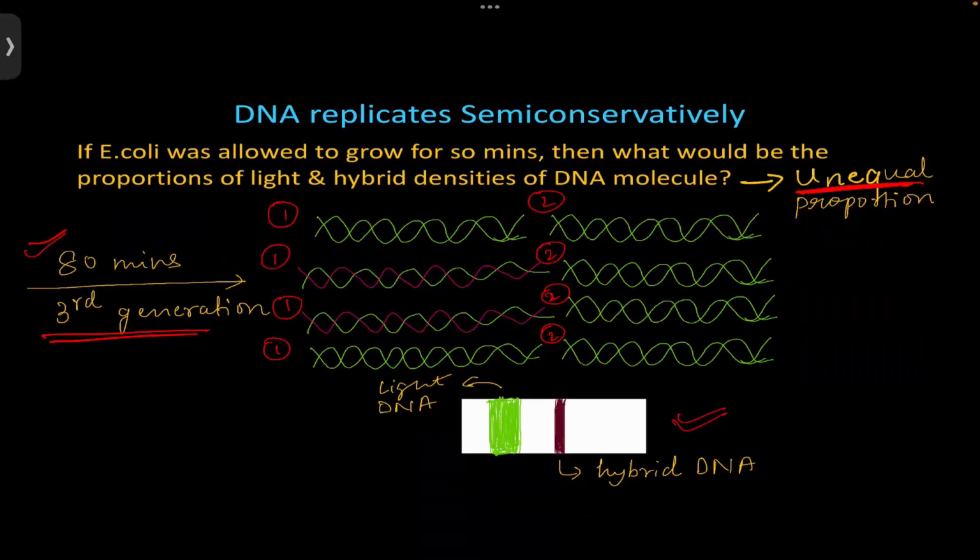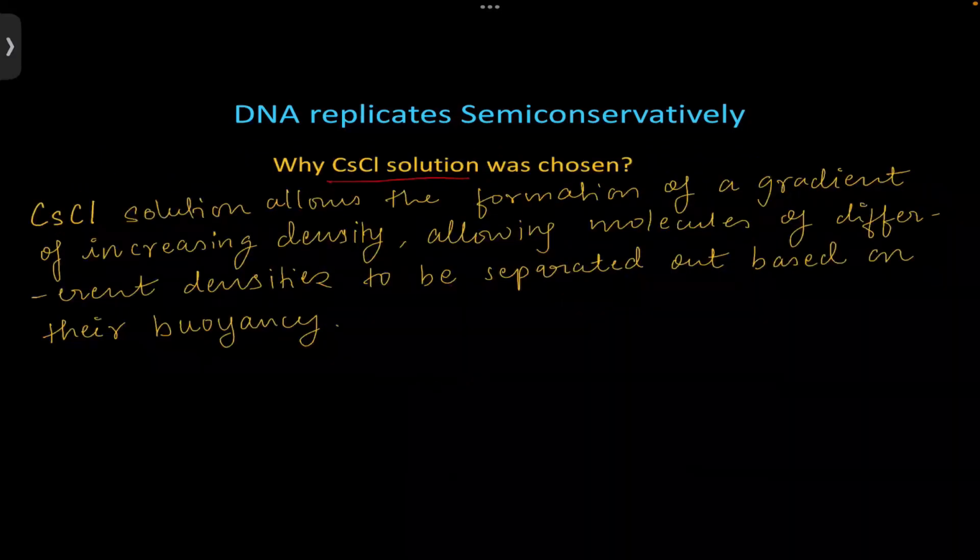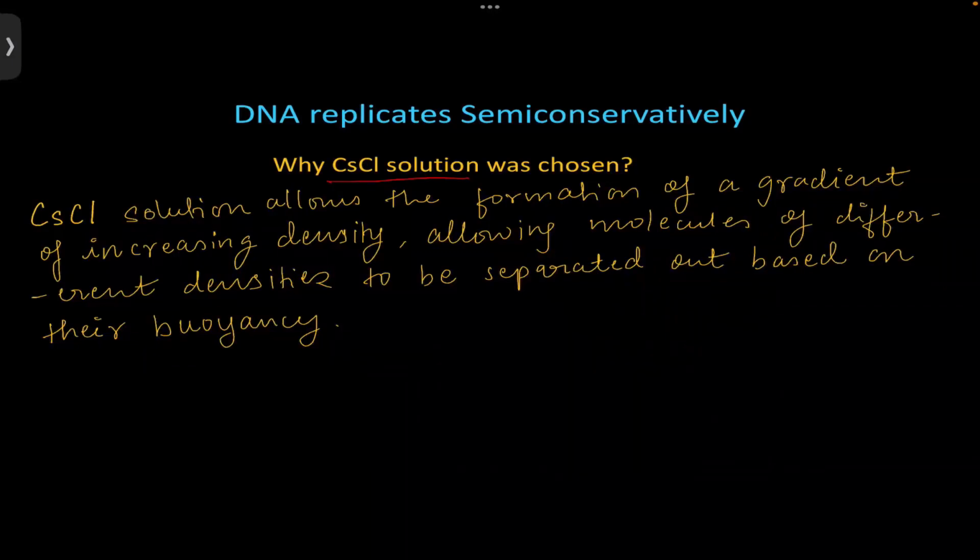My next question is, why did they use cesium chloride solution? Cesium chloride solution allows the formation of a gradient of increasing density. The DNA molecule having the lowest density will be at the top, whereas the molecule having the highest density will be at the bottom.